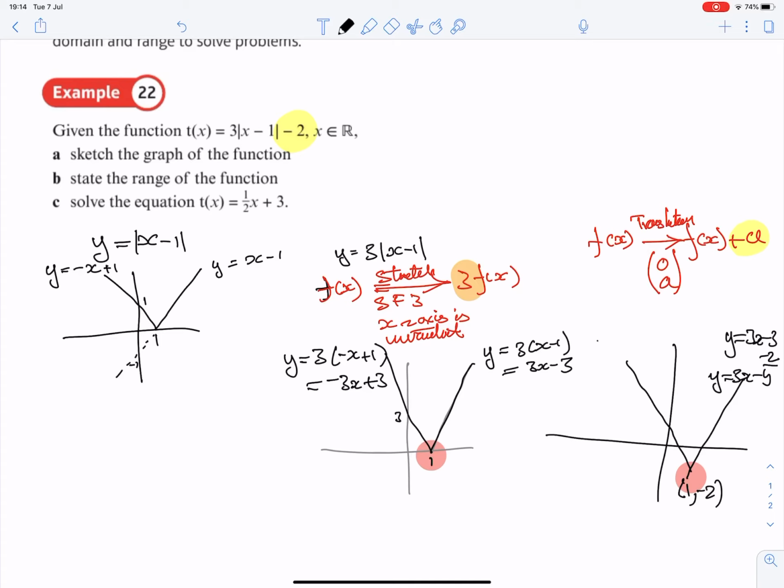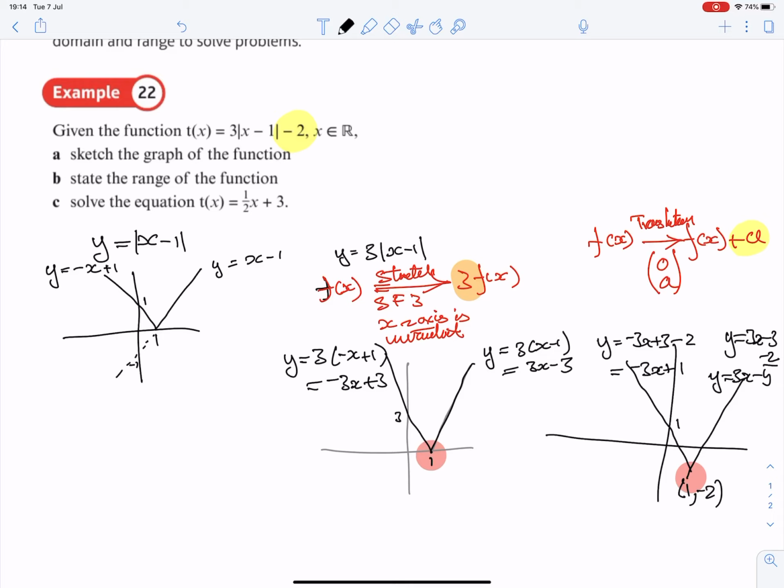This line was y equals minus 3x plus 3, but we've got to take 2 away from it. So we get minus 3x plus 1. So we've got our two lines, or we've got our graph of t of x.